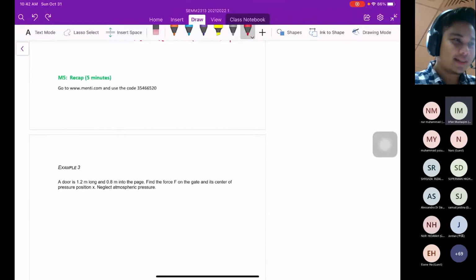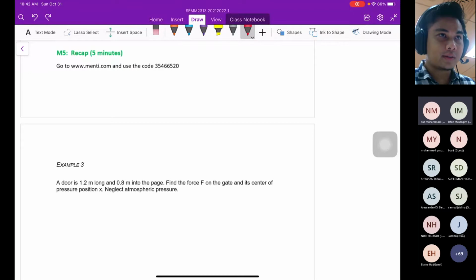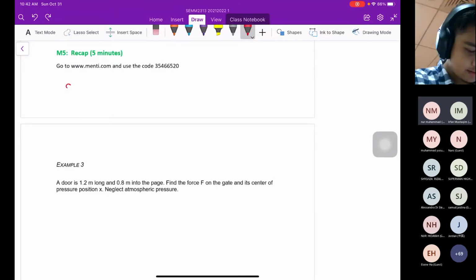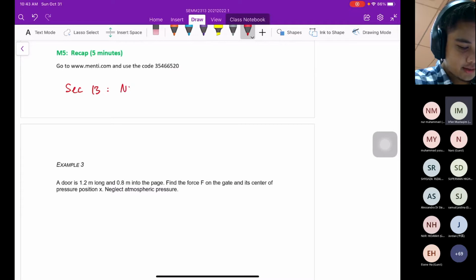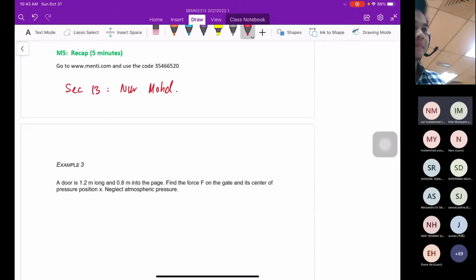Sekejap, tak dengar. Section 13. I will check, yeah. What's your strategy? Concentrate in the class, jawab. Okay, congratulations Nur Muhammad from section 13, good job.